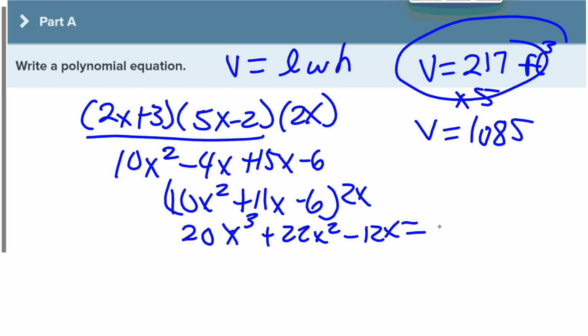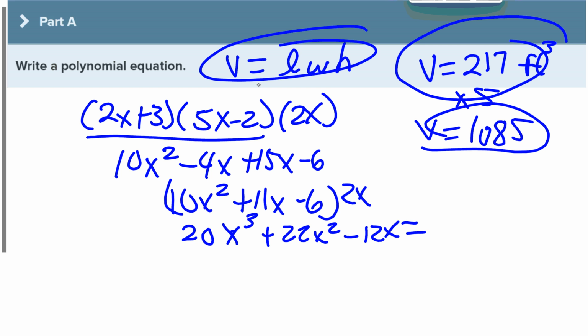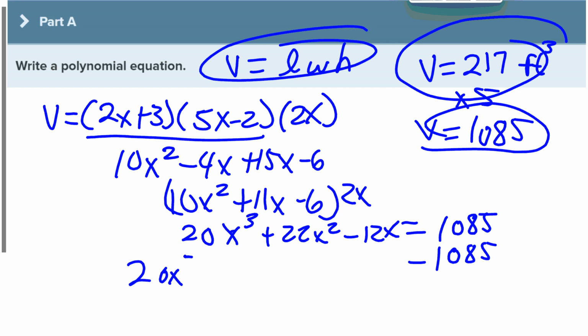Because volume is volume, we can set the two equal to each other and then subtract 1,085. So 20x cubed plus 22x squared minus 12x minus 1,085 equals 0.